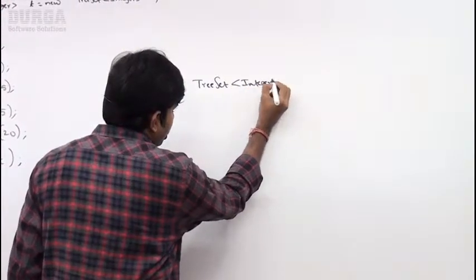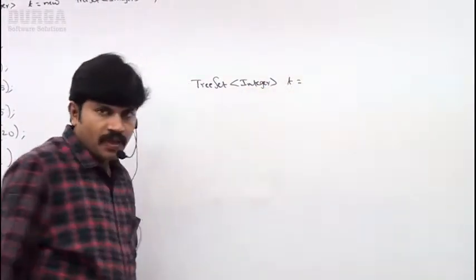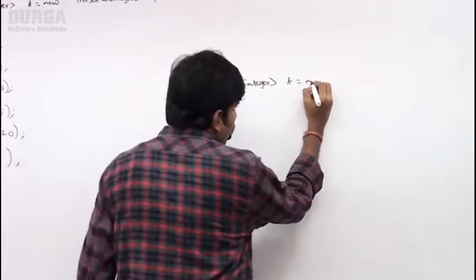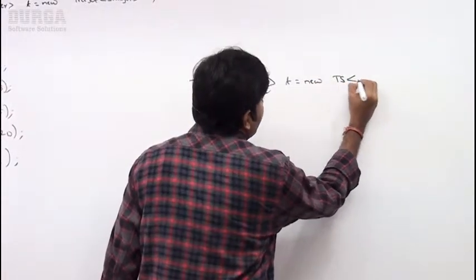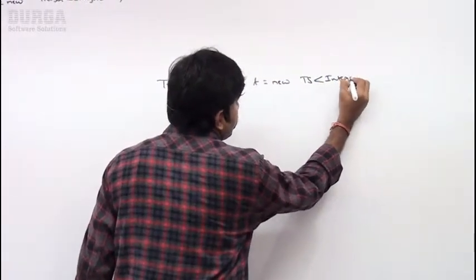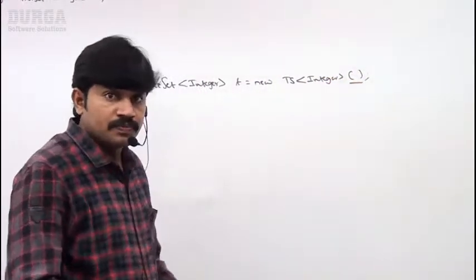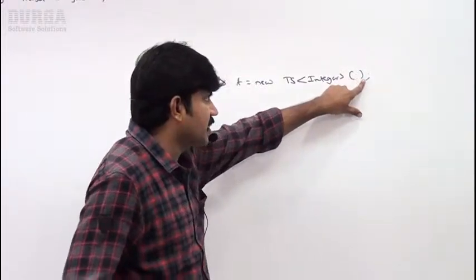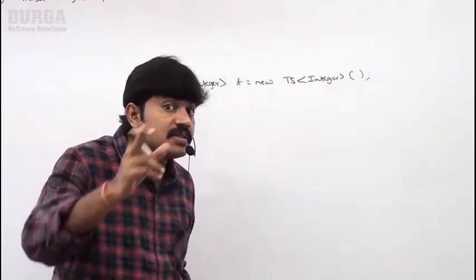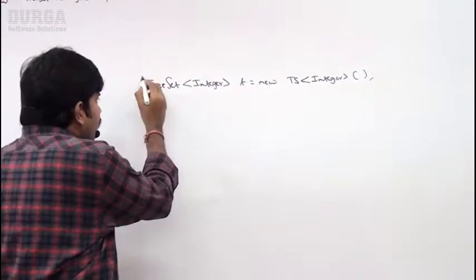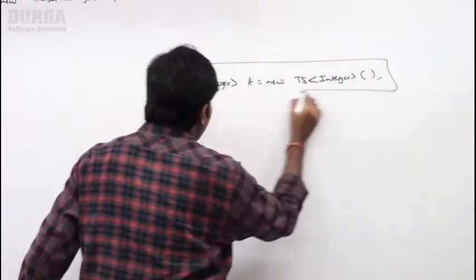TreeSet of Integer t is equal to new TreeSet of Integer. Am I passing any argument? No, I am not passing any argument to the constructor. Then this TreeSet is meant for default natural sorting order.